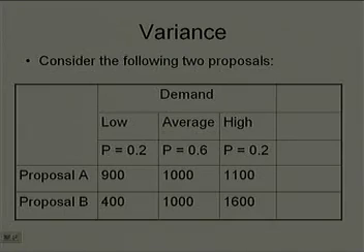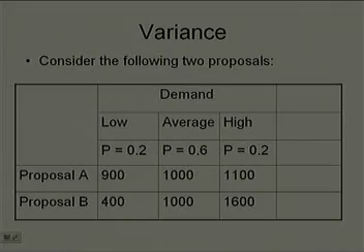That means in case of low demand, you can expect that 900 is going to be your sale. In case of average demand, you can expect that your sale is going to be 1000. And in case of high demand, you expect that your sale is going to be 1100.